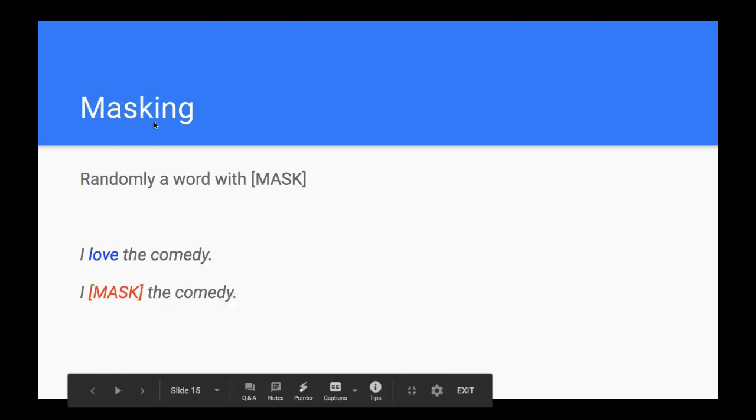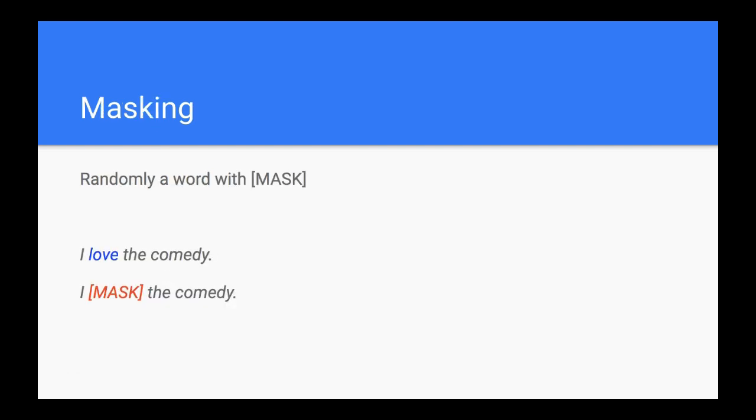So the first way is masking. They randomly mask a word in a sentence, for example, "I love the comedy." They randomly mask the word "love" and it becomes "I [MASK] the comedy."